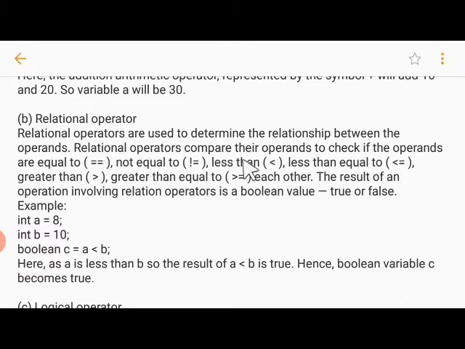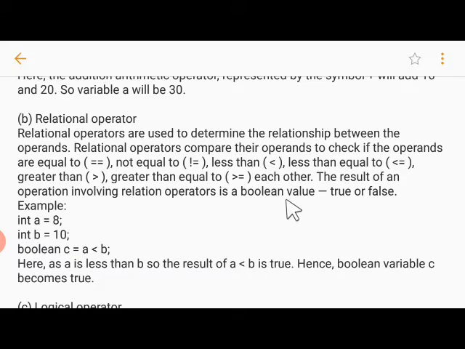Relational operators compare their operands to check if the operands are equal to, not equal to, less than equal to, greater than equal to each other. The result of an operation involving relational operator is a Boolean value.